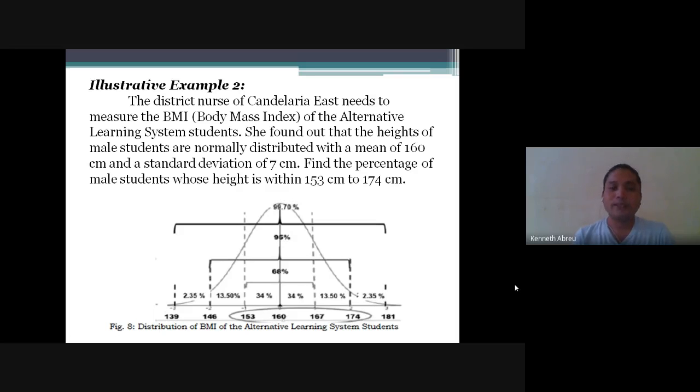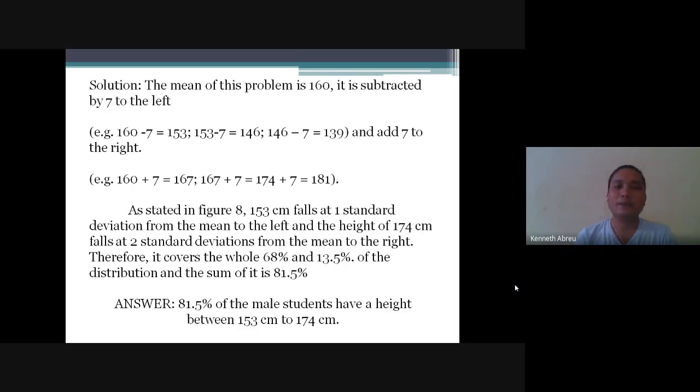Okay, so ayan naman. So ibig sabihin, from the mean, ang kukuhanin natin would be plus 7 sa right side, and then minus 7 to the left side. Since ang kinukuha natin dyan is 153 cm to 174 cm. Saan daw siya magpo-fall? Okay. The mean of the problem is 160.